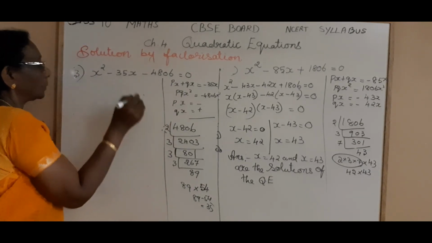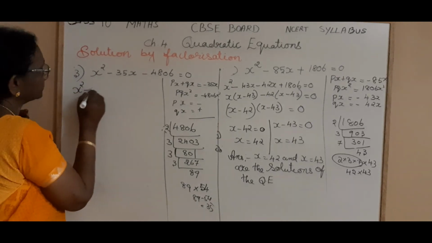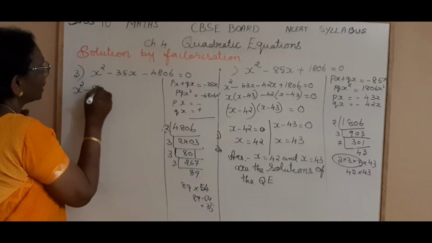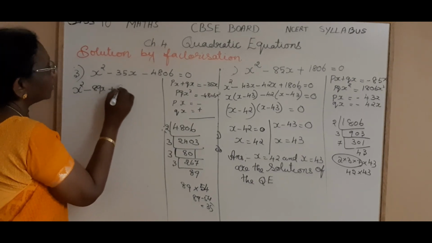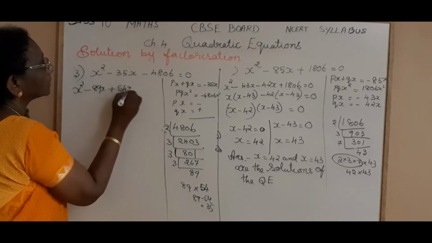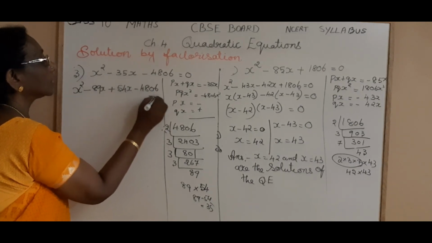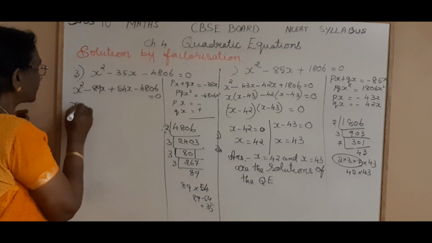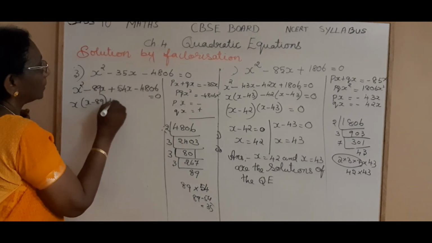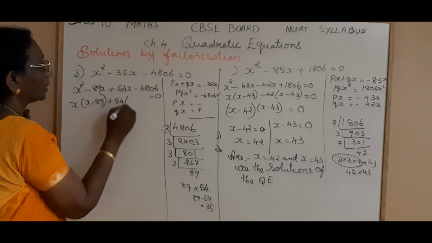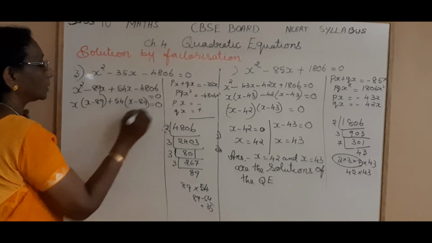So here what should we do? x squared minus 89x plus 54x minus 4806 is equal to 0. So x into x minus 89 plus 54 into x minus 89 is equal to 0.